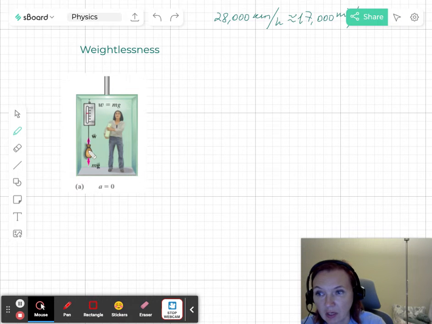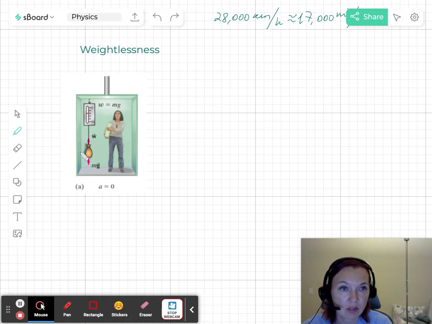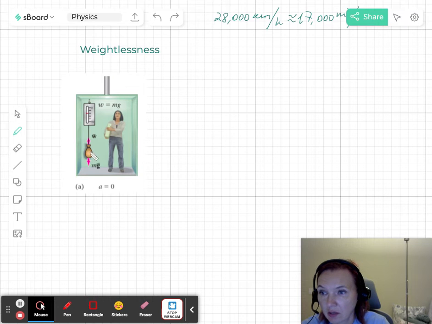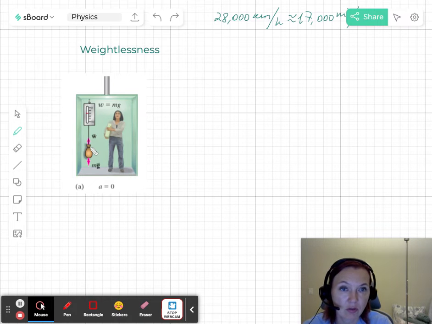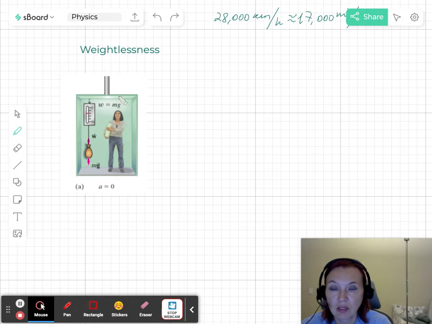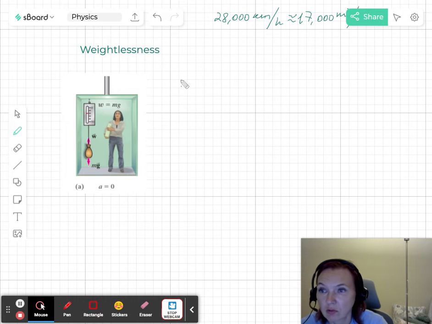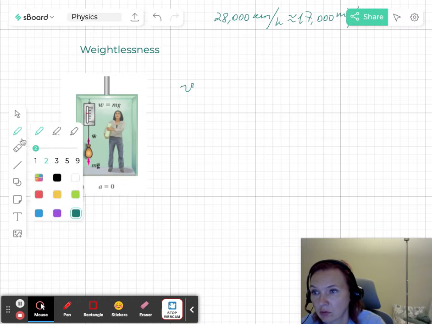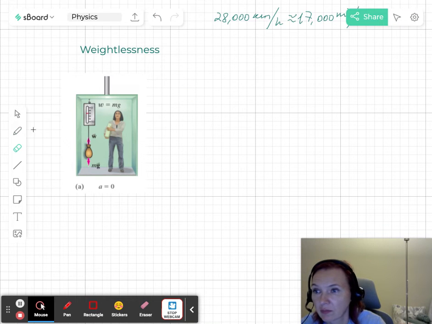So that means that the forces, so let's take a look at this bag. The forces acting on this bag are going to be force of gravity, mg, and the counter force is going to be the weight. So because there is no acceleration, no other forces, they have to be equal to each other. So weight has to be equal mg because acceleration is zero, right? So we can say that W, that was supposed to say W here.